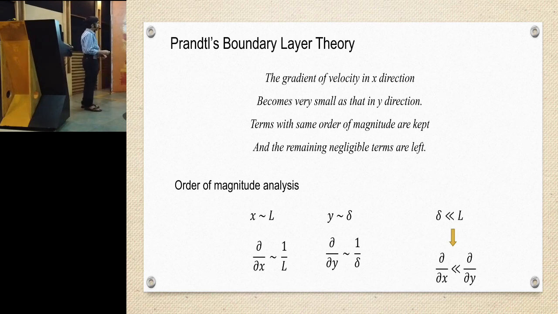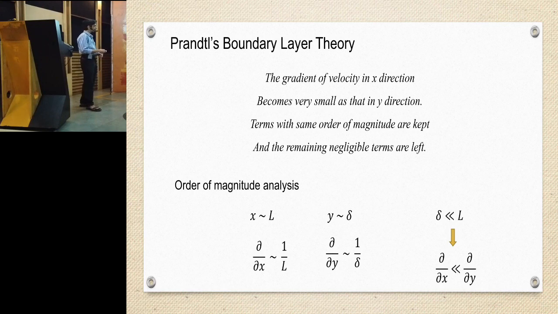Right, so we are now going to do an order of magnitude analysis, and it's a very powerful tool again. This is what Prandtl employed to arrive at his concept. So we find that the gradient of velocity in the x direction becomes very small compared to that in the y direction.